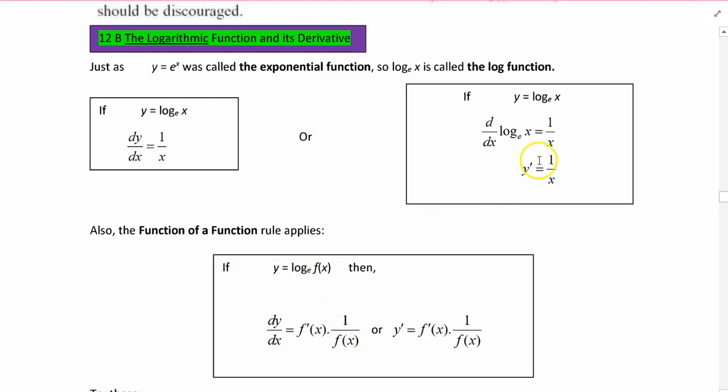It's always 1 over the function. 1 over the value in this position. So if it's x squared plus 3x here, it's 1 over x squared plus 3x. Then you multiply by the derivative of this.